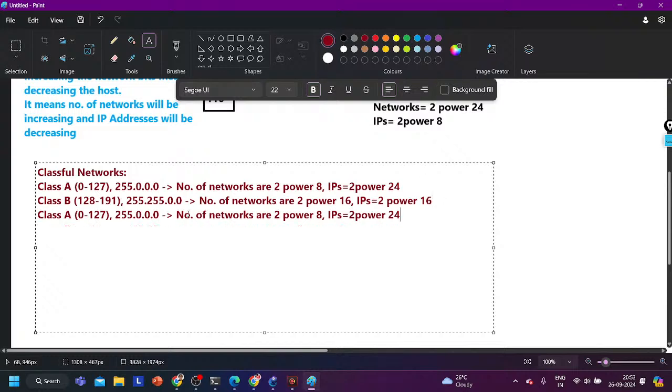For class C, as a network engineer, you are going to work on these classes only: class A, class B, class C. The range starts at 192, and then the subnet mask and number of networks.